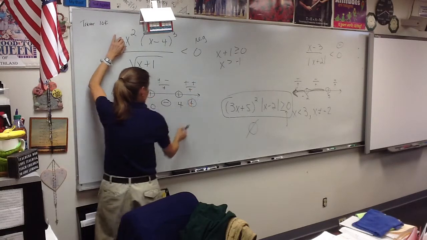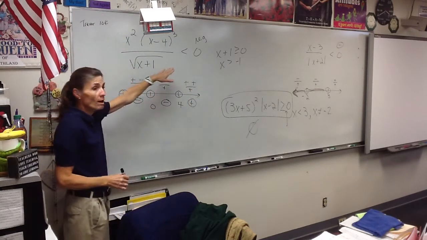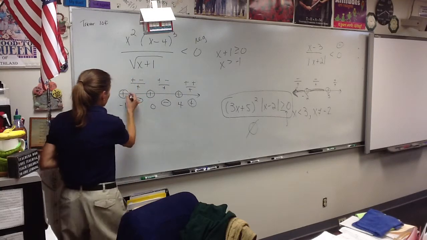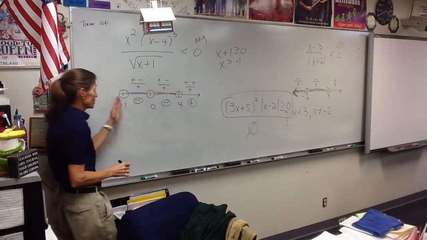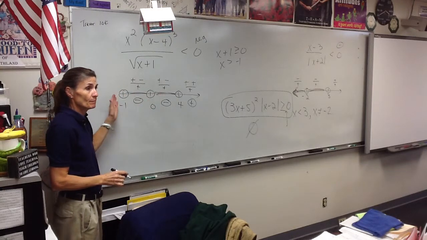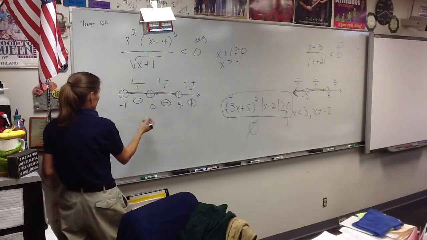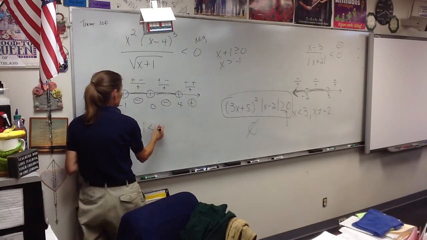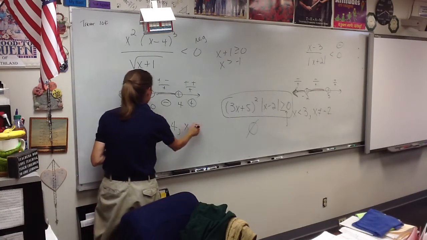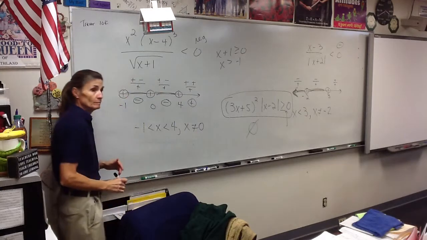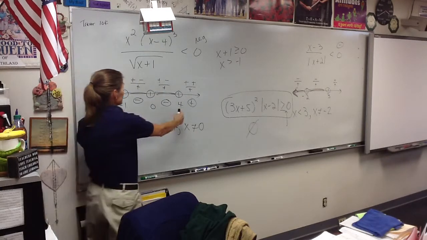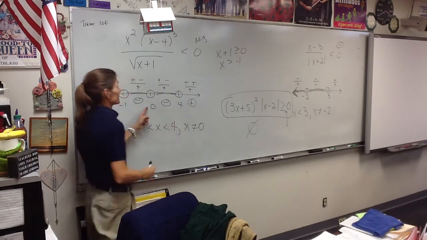So that's a positive section. Now I wanted negative. So once again, my answer is just that much of the number line. So it would be anything less than 4 except 0. So I can say everything between -1 and 4 except 0. Everything in this interval except 0.